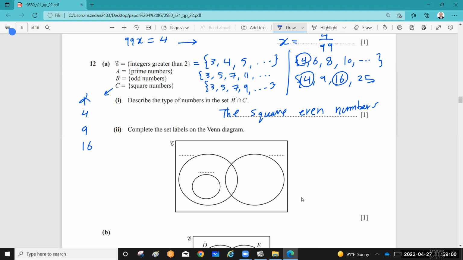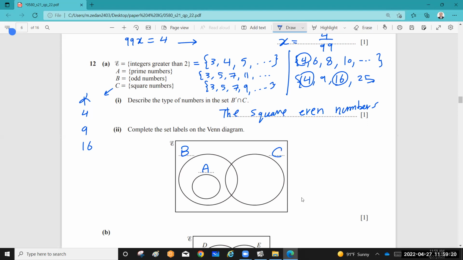Complete, as I told you, the prime numbers 3, 5, 7, 11 are all odd prime numbers. So the set A is a subset of the set B, because all prime numbers more than 2 are a subset of the set of odd numbers.